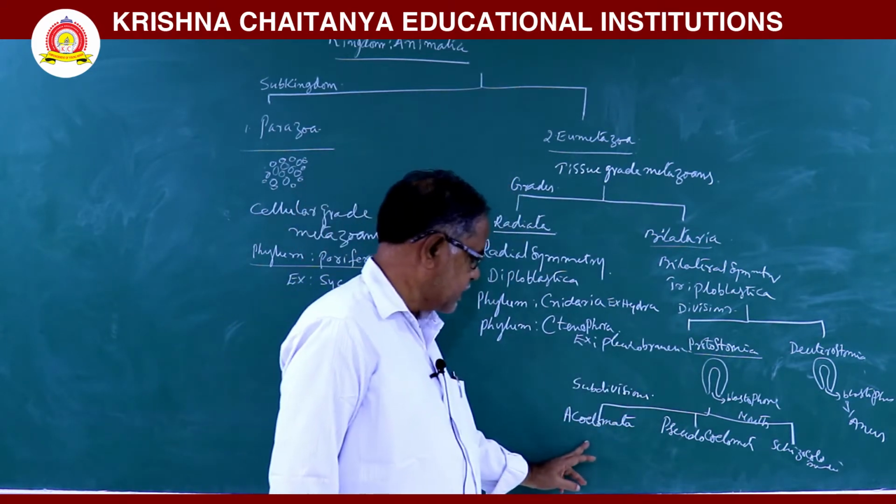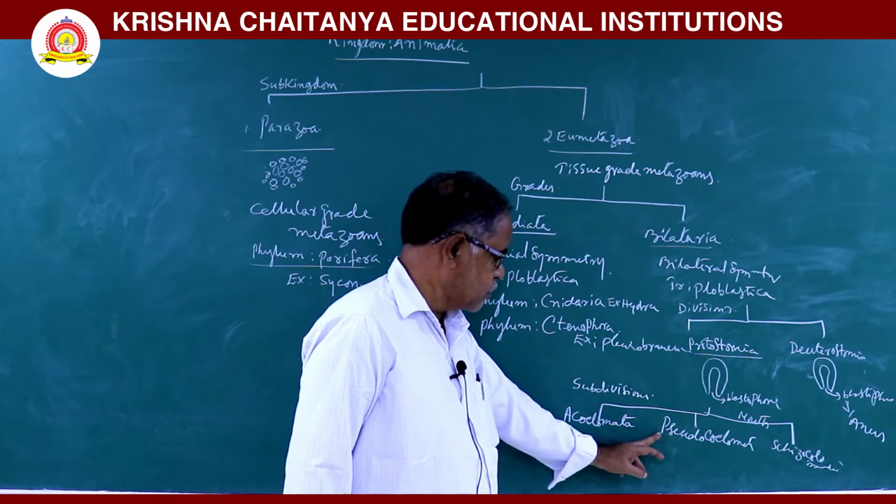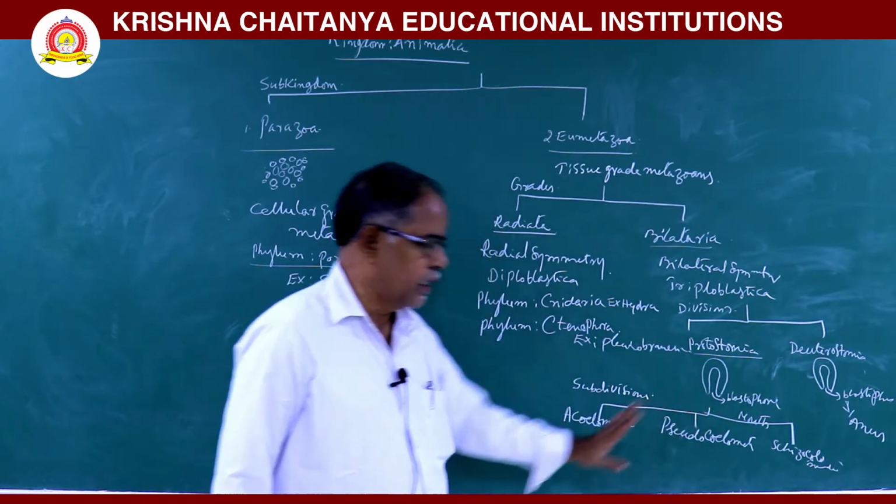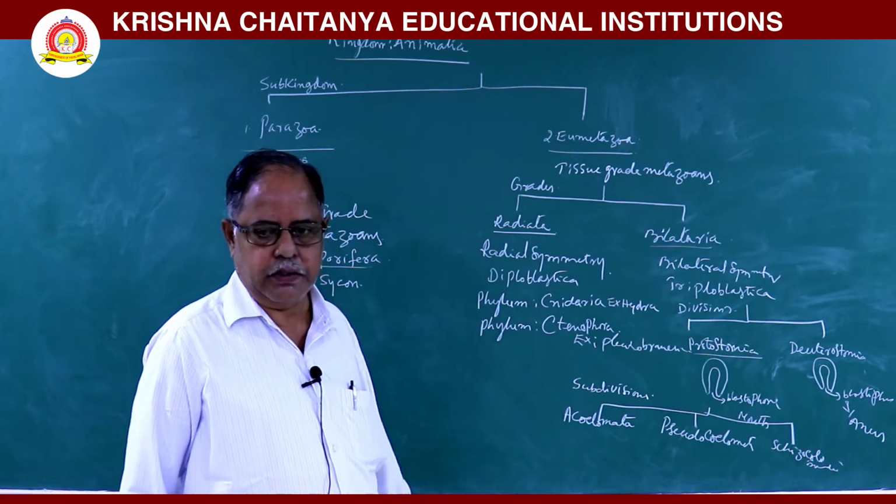One is Acoelomata, second one is Pseudocoelomata, third one is Coelomata.